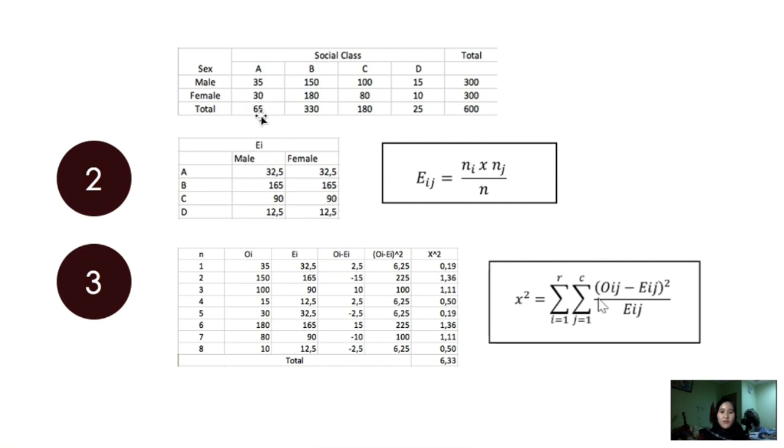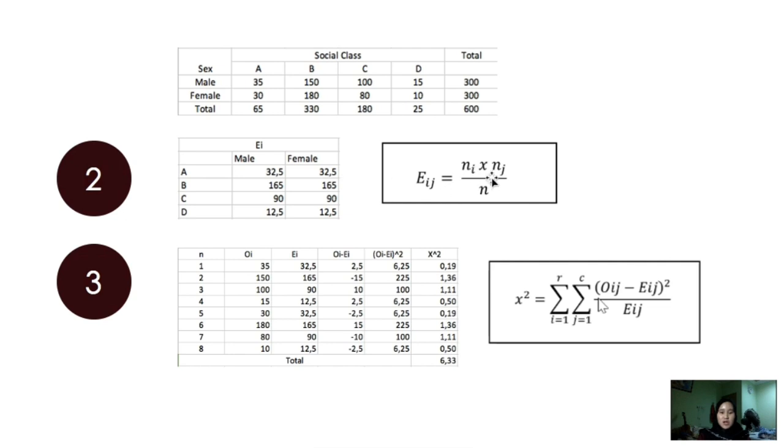So the total of A times the total of male divided by the total of all.